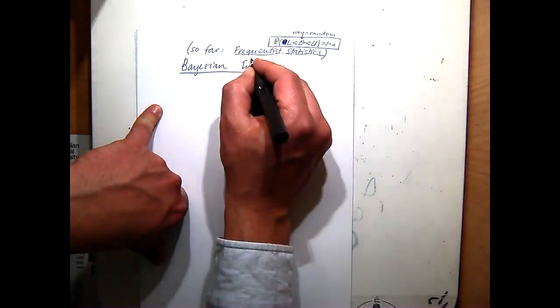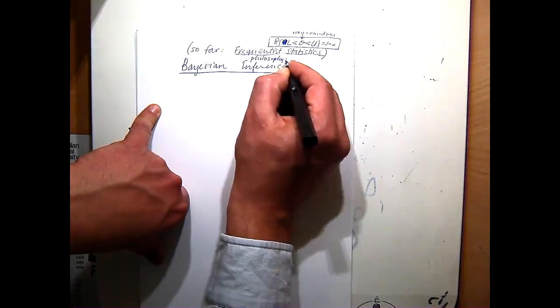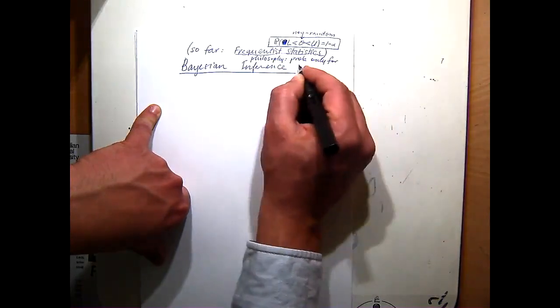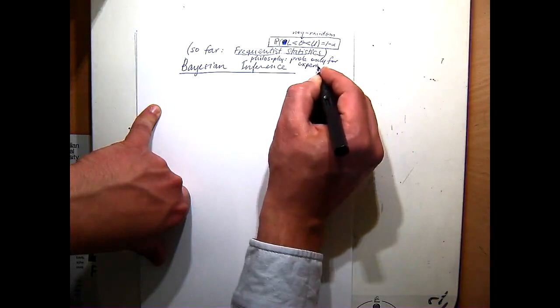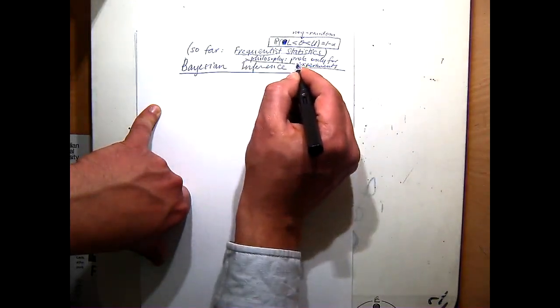So I'll just say the philosophy is probability is only for experiments, which is shorthand for something you could repeat independently many times. That's the philosophy of frequentist statistics.